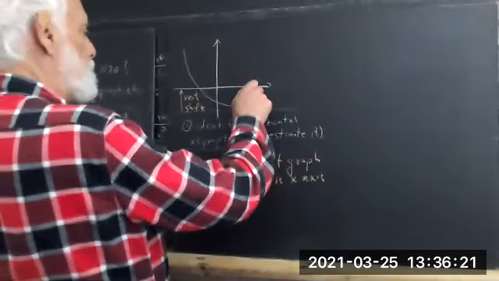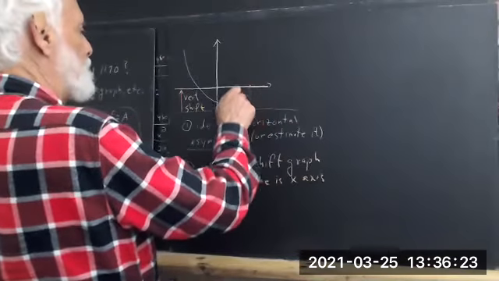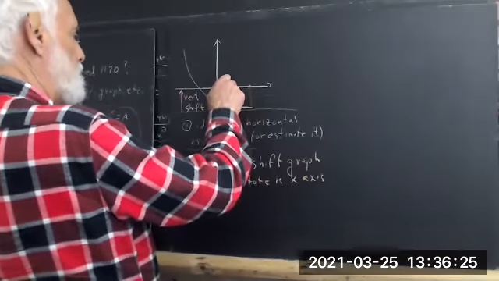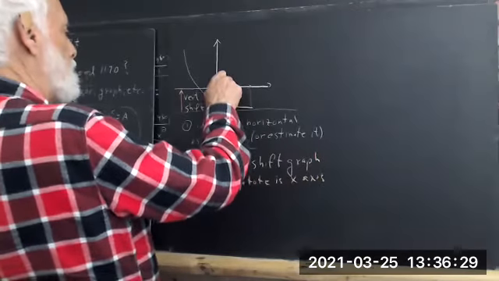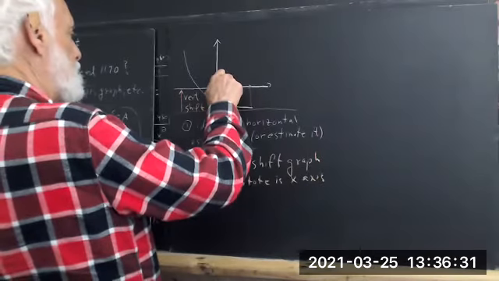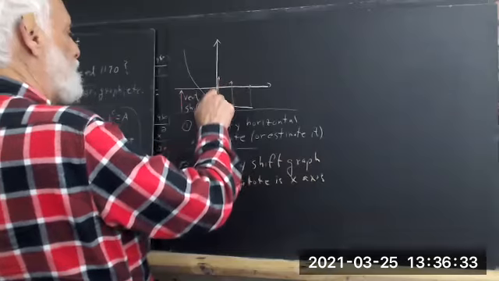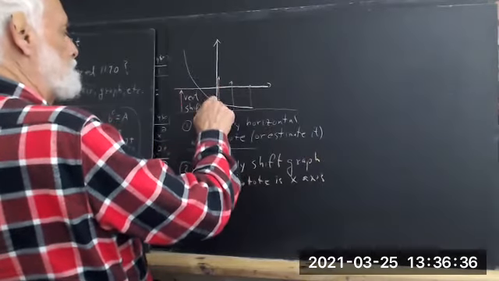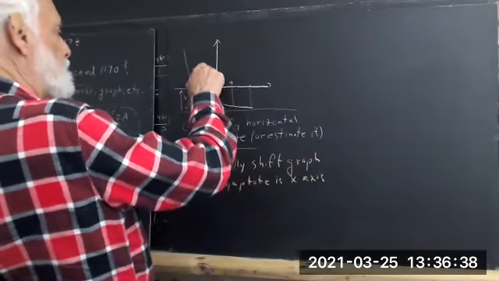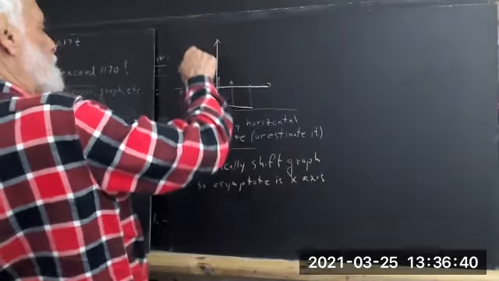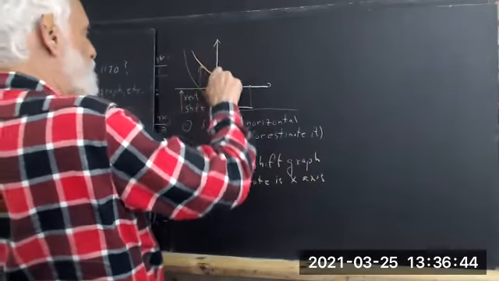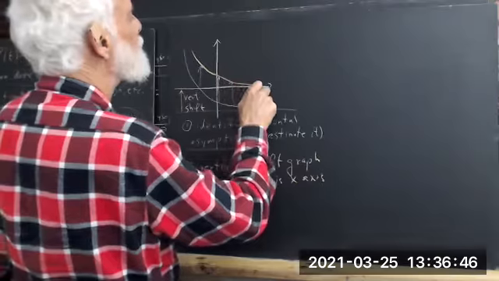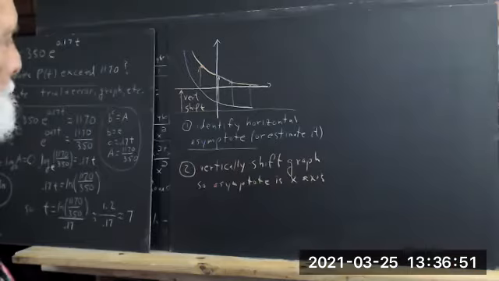You just take all these points and raise them up the distance of that vertical shift, and you get your vertically shifted function.